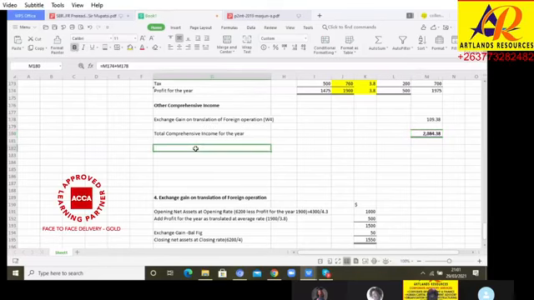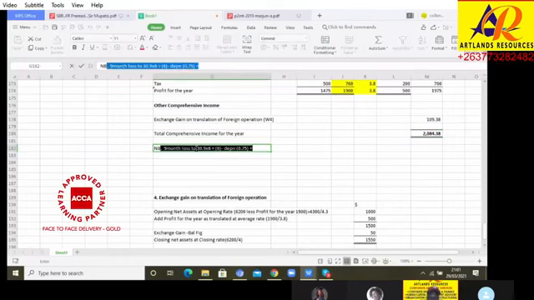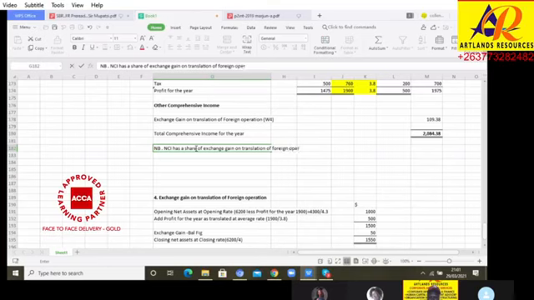And you know, NCI, in this case, NCI is a share of exchange gain on translation of foreign operation, but not on Goodwill, since the group uses partial Goodwill method.